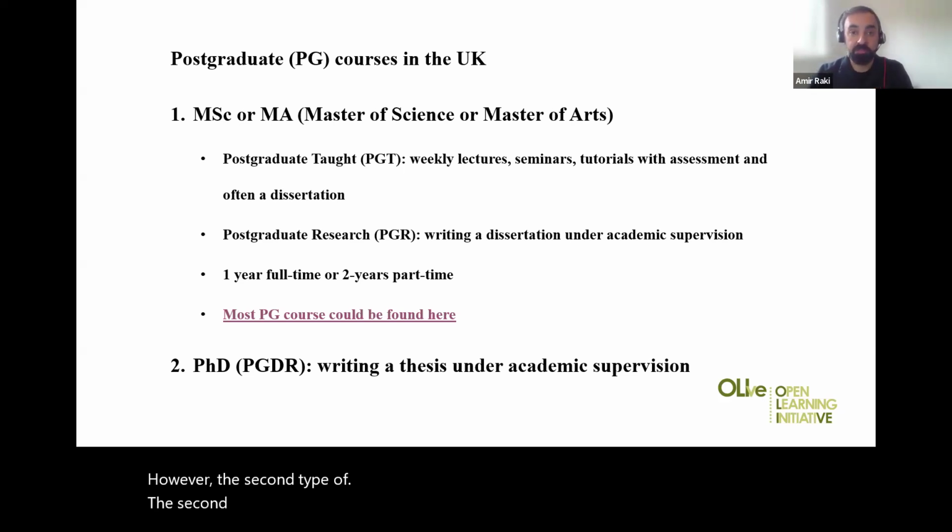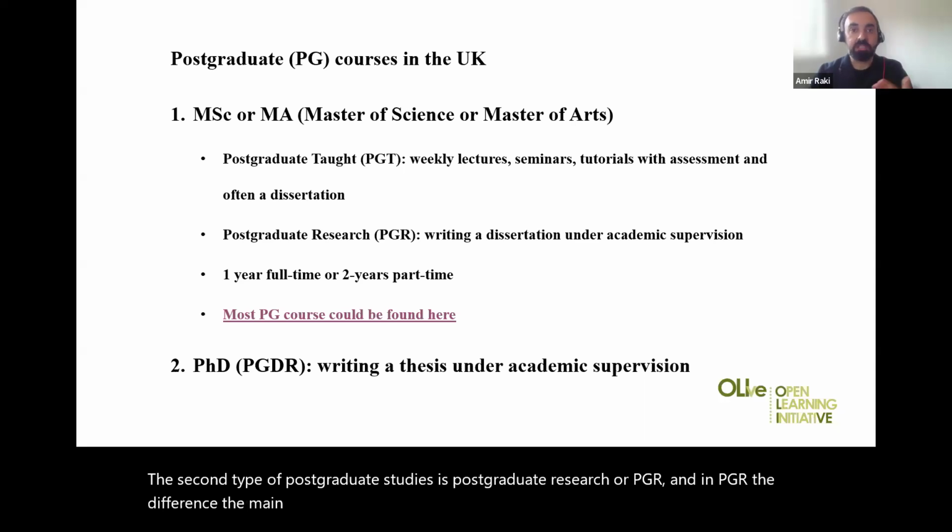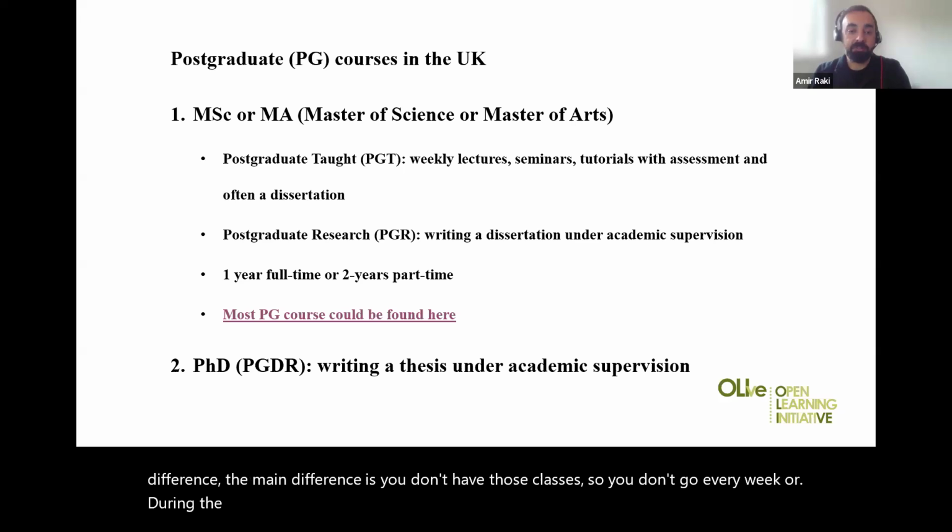postgraduate studies is postgraduate research, or PGR. And in PGR, the main difference is you don't have those classes. So you don't go to university every week during term time to have classes. You only write a dissertation based on the research that you will undertake.